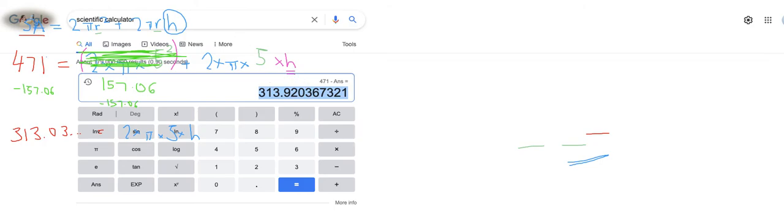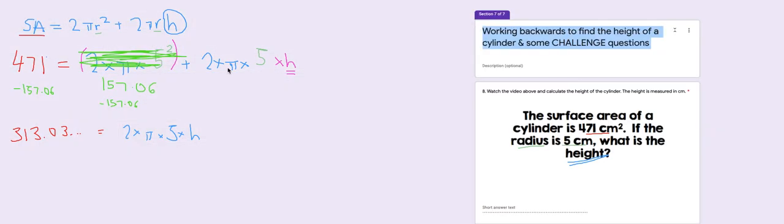2 times pi times 5 equals 31.415. So this here is equal to 31.415 times h. That is like saying 31.415h, because you can stick the number and the letter together and just make the times invisible, or we can just say times h.